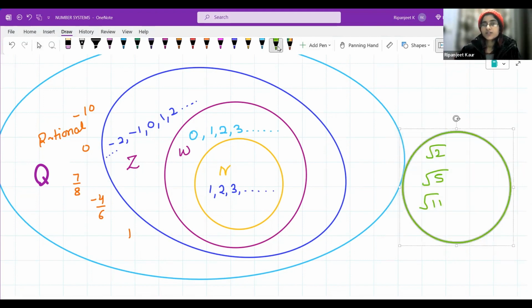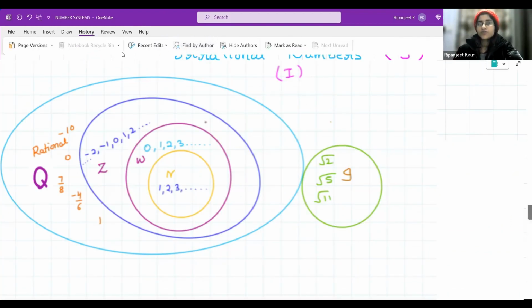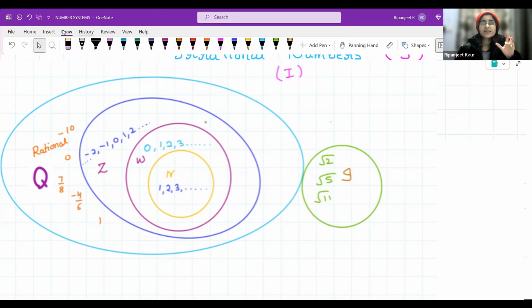Do you remember the representation of these numbers? Well, it is I, for irrational numbers.